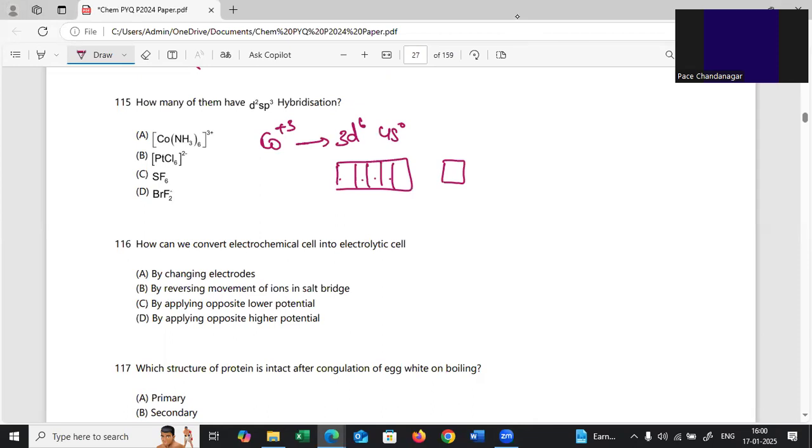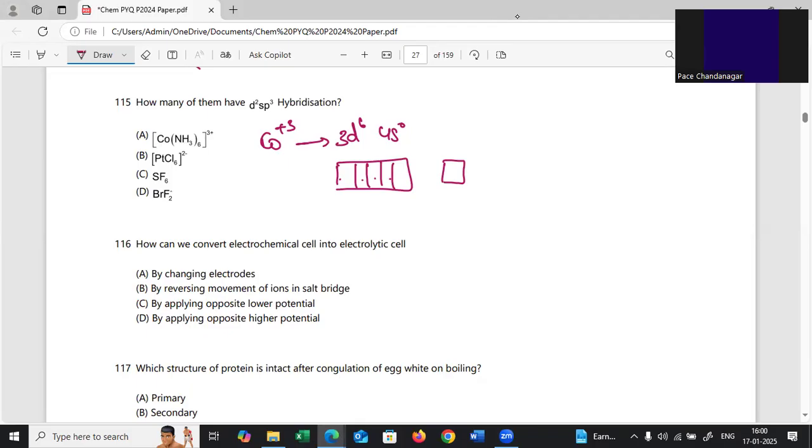Ammonia is definitely a strong ligand, so your last electron would drop down here, and your new configuration would look like this, right? 1 2 here, 3 4 5 6 here.